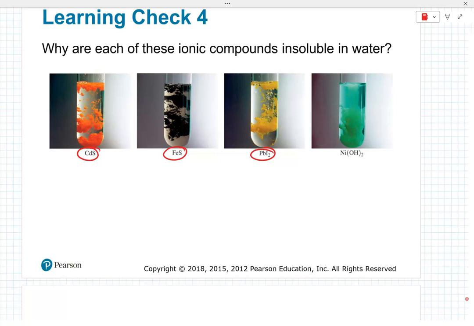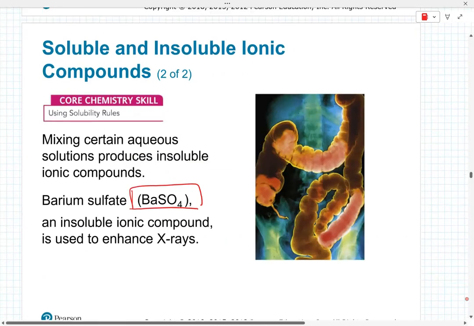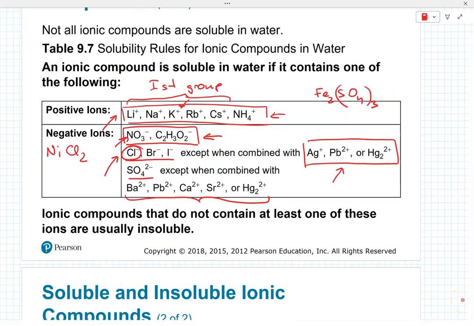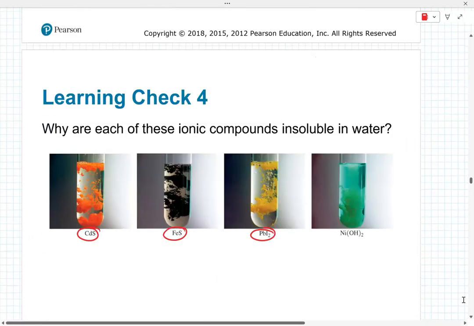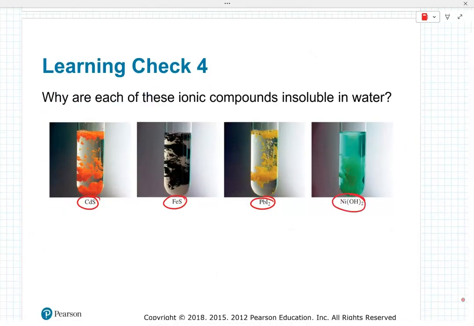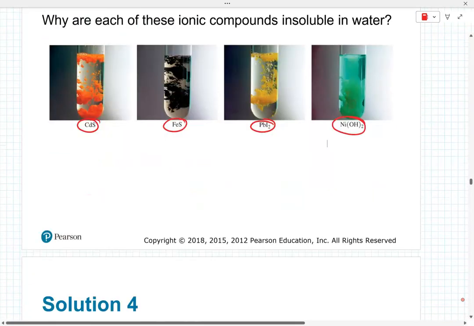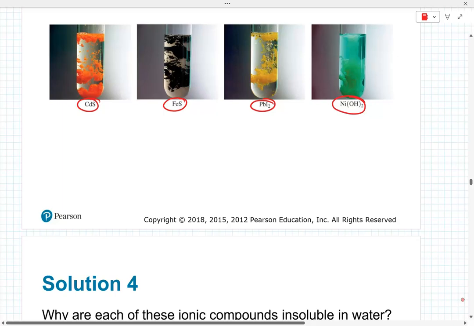Now, lead 2 iodide, generally speaking, if you go back to this, iodides are soluble, but not when it's lead 2 iodide. Hydroxide and iron is not universally soluble, and nickel is not universally soluble. Does reasoning make sense? Okay.